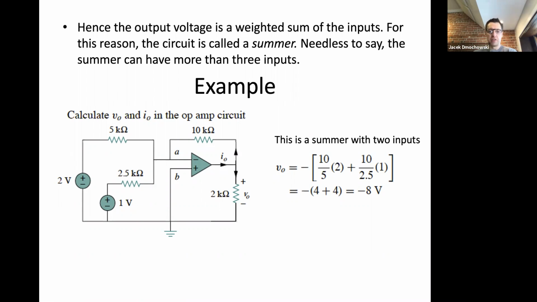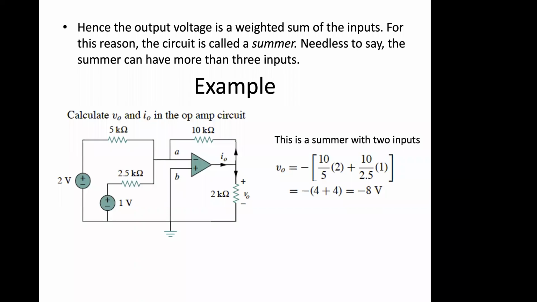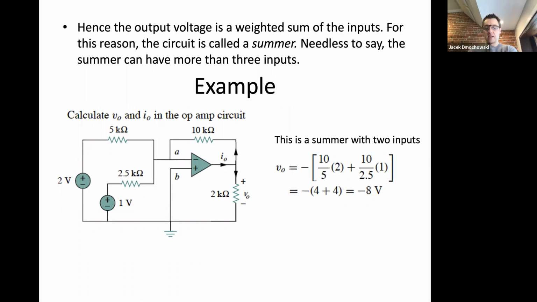V naught over 2, which is equal to what? -4. Excellent. It's -8 over 2000, so whatever that is, -4 milliamps.